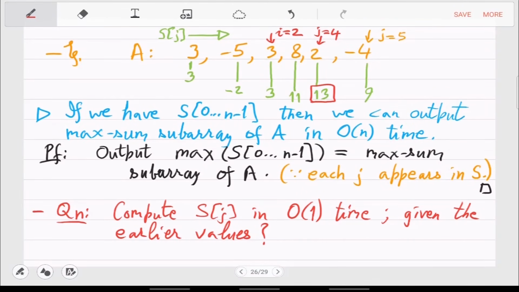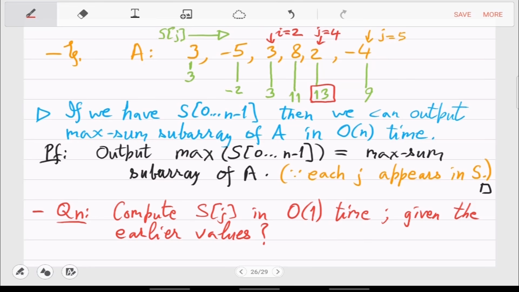As we were going from left to right in the example, if using the previous values we can calculate the current value in just constant time, then n times constant will be order n, and you would have computed the whole array S.